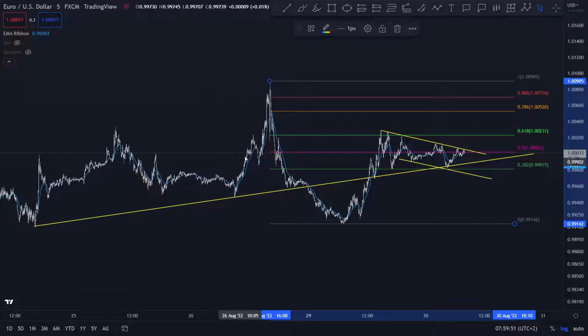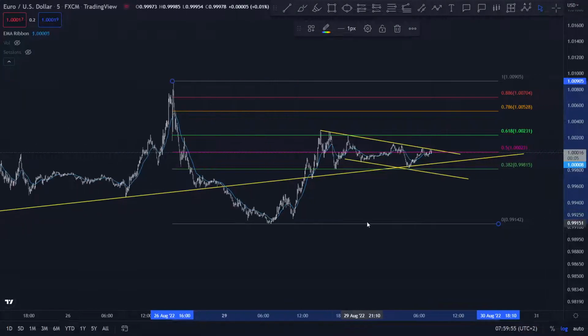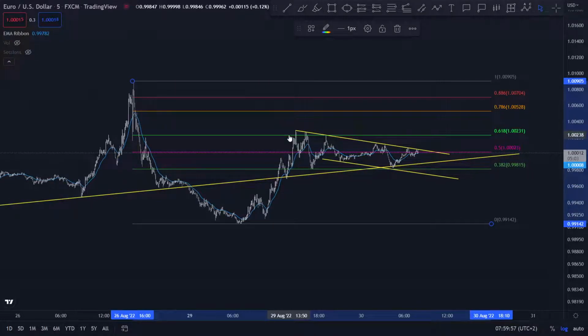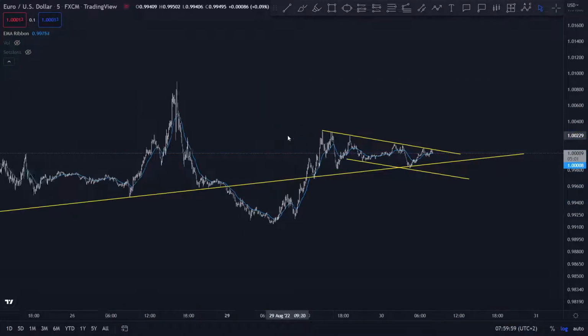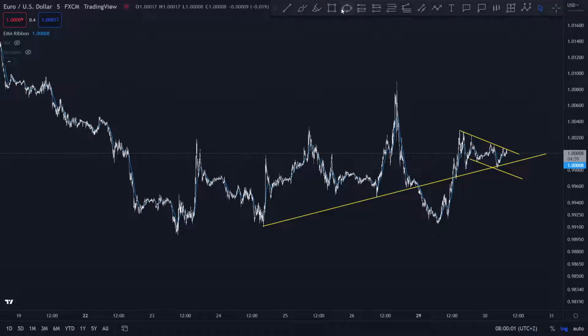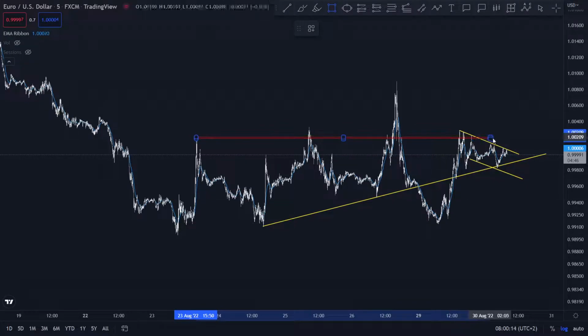This market found resistance at the 0.618. Honestly, I don't believe in Fib that much, but because lots of traders place their orders based on the Fibonacci retracement, it could be effective just because lots of traders are going to place their orders there.